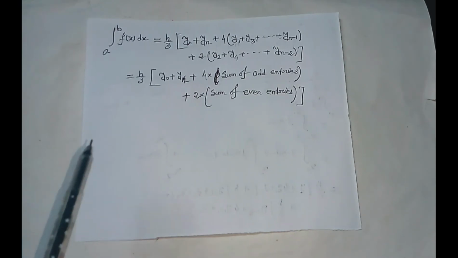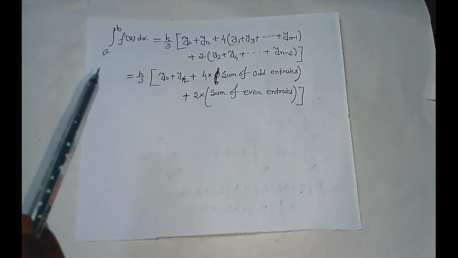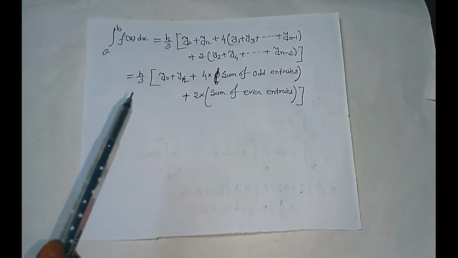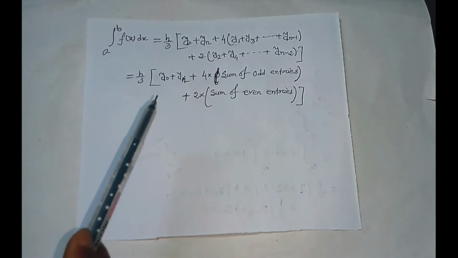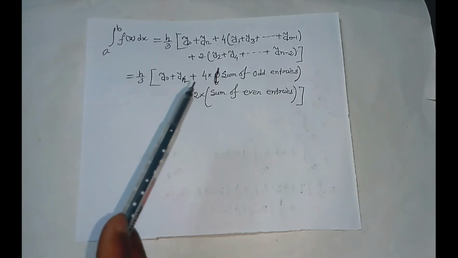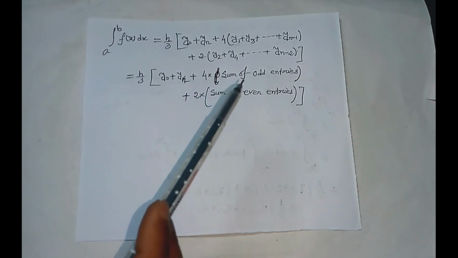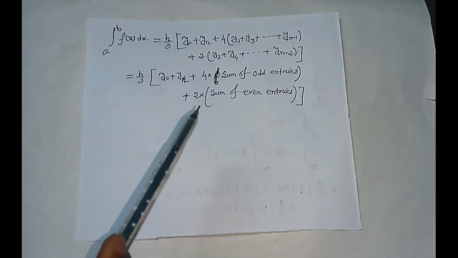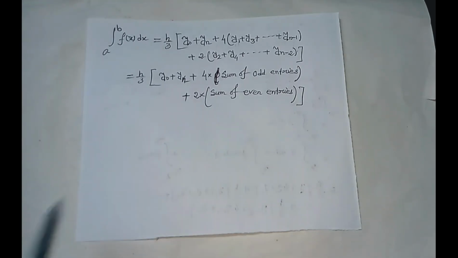So we can remember the formula like this: integration of f(x) from a to b is equal to h by 3 multiplied by the first entry plus the last entry plus 4 times the sum of the odd entries plus 2 times the sum of the even entries. So this is the composite Simpson's one-third rule.